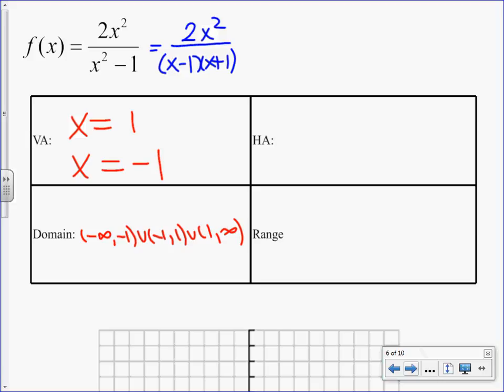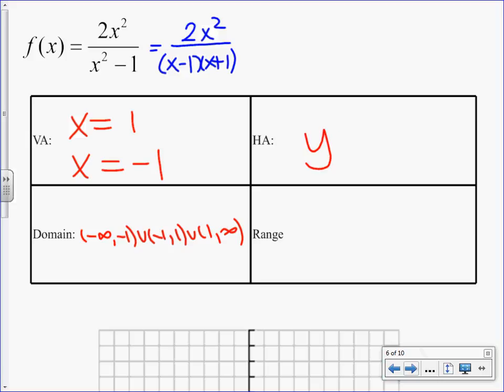All right. Where would our horizontal asymptote be? What's true about the degrees of the numerator and denominator? They are the same, which means we look at the ratio of the leading coefficients. What's the ratio of the leading coefficients? 2/1.